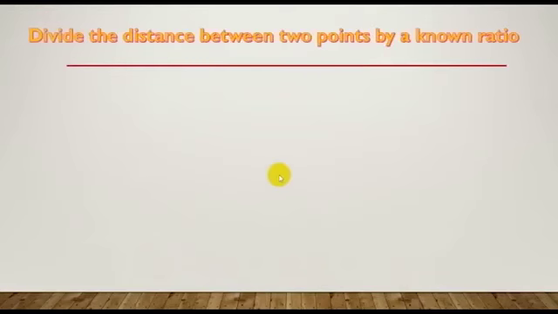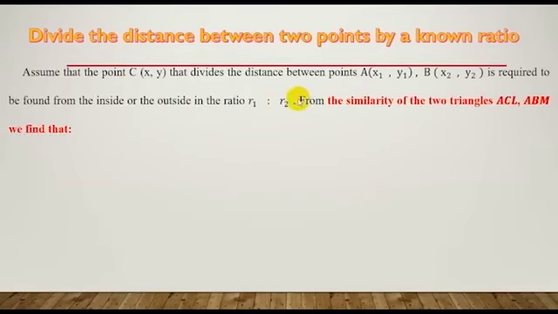Of course, next is the distance between 2 points by a known ratio. Let's see if I have a point C, and this C divides the distance between A and B, where A is x1, y1 and B is x2, y2. We are required to find it inside or outside in the ratio 1 to 2.